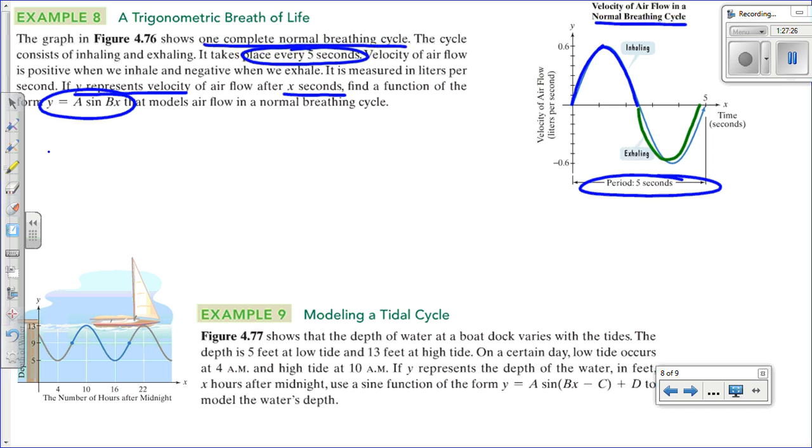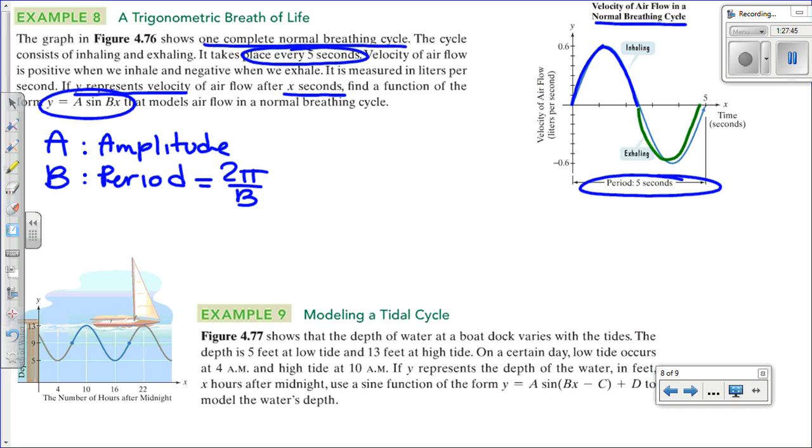We're going to need a number for A and a number for B. Now remember that A represents the amplitude and B relates to the period. In fact, the period is 2 pi over B. So if we want to solve for B, we will be dividing 2 pi over the period.